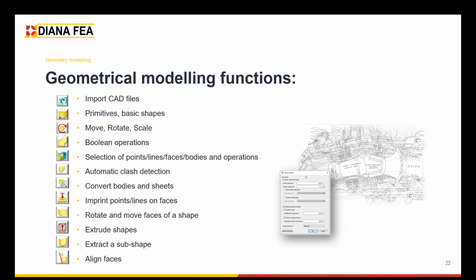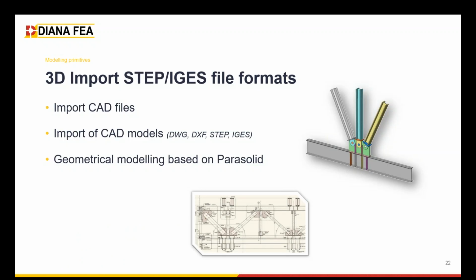Regarding the modeling, we have many options to create the geometry of your model. We can start by importing your geometry from a third-party CAD program, or you can generate the model from an integrated environment. It's up to you, but if you are dealing with CAD program, you can basically import it to Diana.